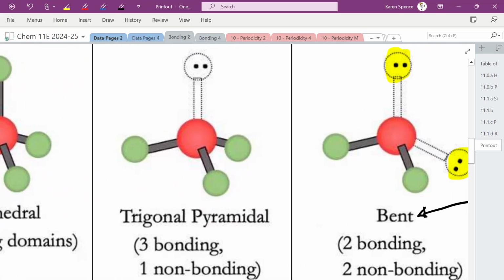Trigonal pyramidal, yes, because we got a lone pair. And let me see if I can find one of these guys here. Here we go. Do you see how it's based on a tetrahedral shape? 1, 2, 3, 4 sides. That would be our electron domain geometry. But remember, when we're doing our molecular geometry, we ignore the lone pair. Yeah?